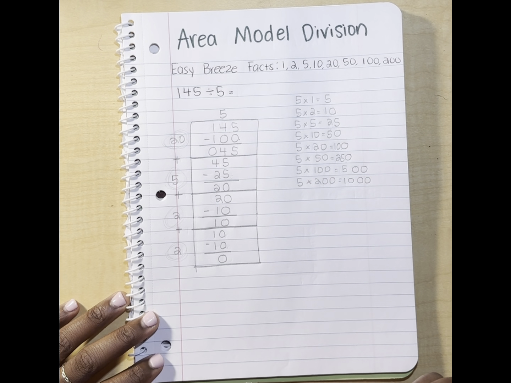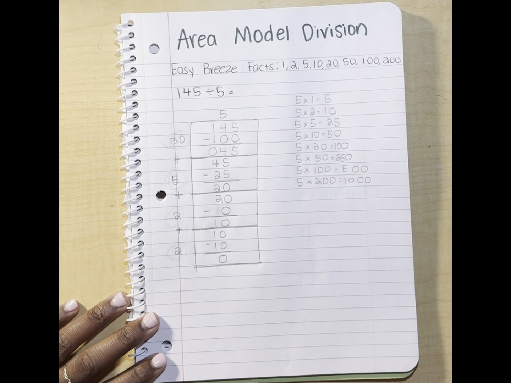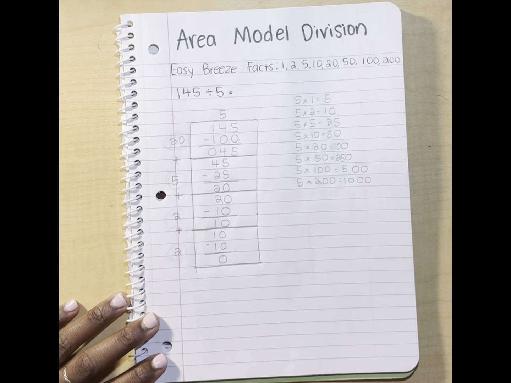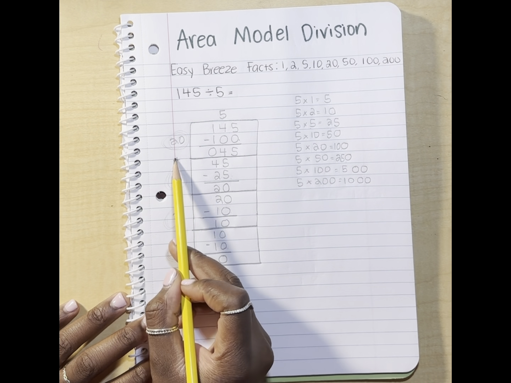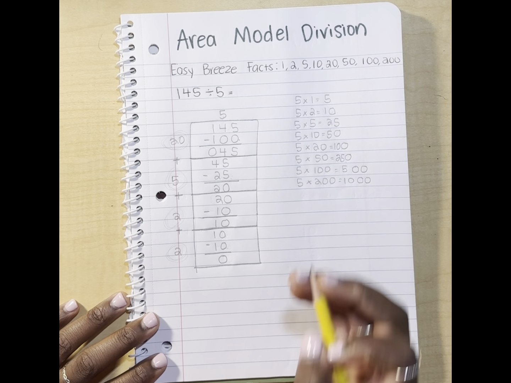All right. So now, let's think. What's our next step? Because we're not finished because we still don't have our final answer. We need to add all of these together. That's why we put those plus signs there to help us remember to add them.